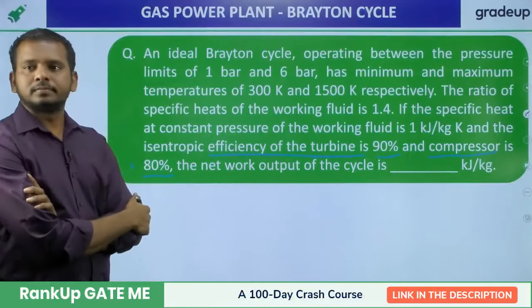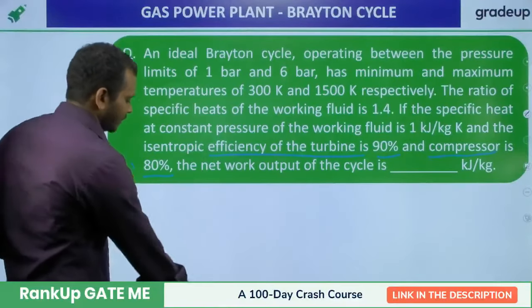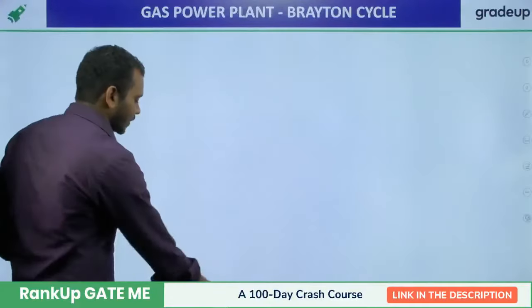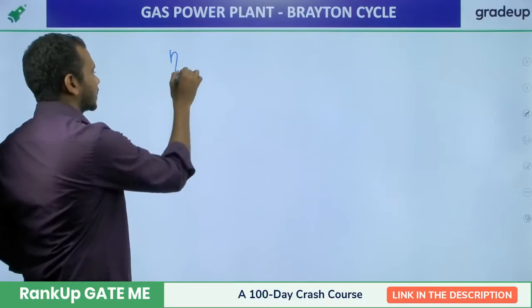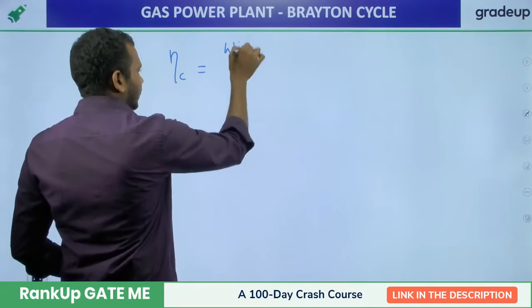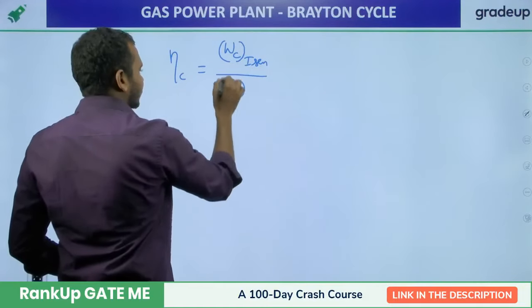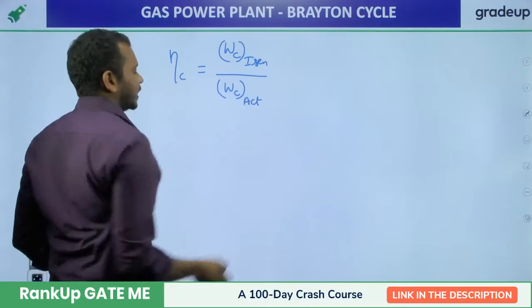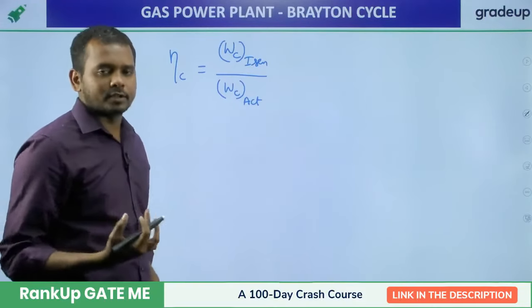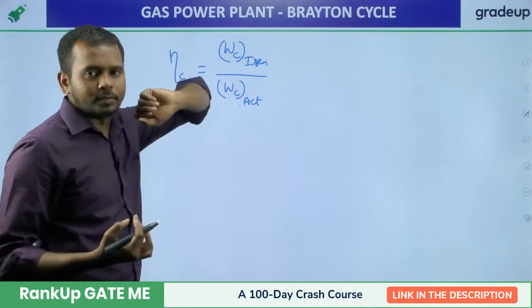What is the answer? What do you see? If you consider the compressor work, what is the isentropic efficiency of the compressor? For the compressor, it is isentropic work by actual compressor work. In case of compressor, actual work is more than isentropic work, so actual work will come in the denominator and isentropic work comes in the numerator.